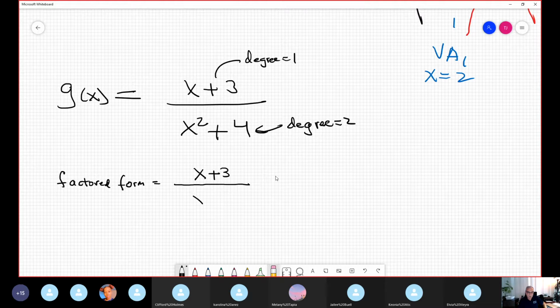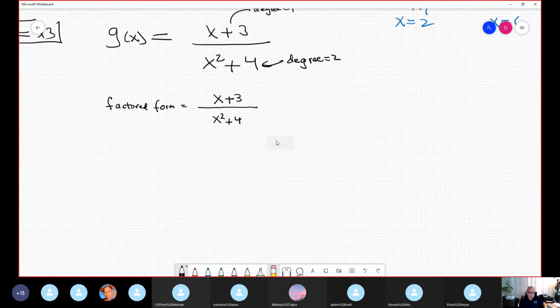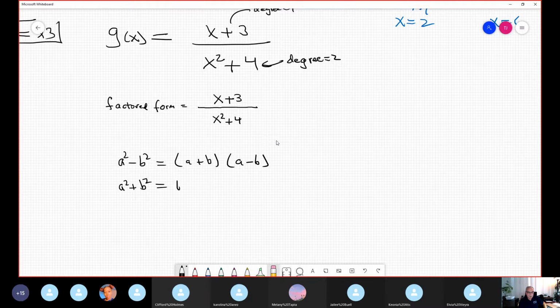However, this also stays the same because I know from intermediate algebra that the difference of squares is possible to factor like that. However, the sum of squares is a prime expression. We cannot factor it. This is impossible to factor.